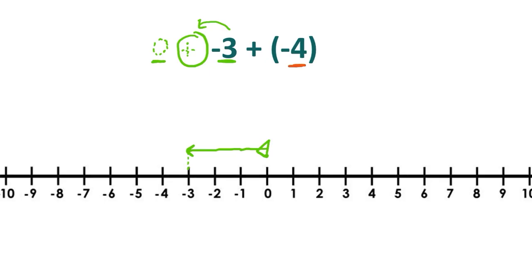Right. I am now standing at -3. My next integer tells me which way I am facing. I'm facing the negative side. And I'm going to move 4 units. Right. My operation in front of the integer tells me I'm going forwards 4 units. So I'm going 1, 2, 3, 4.